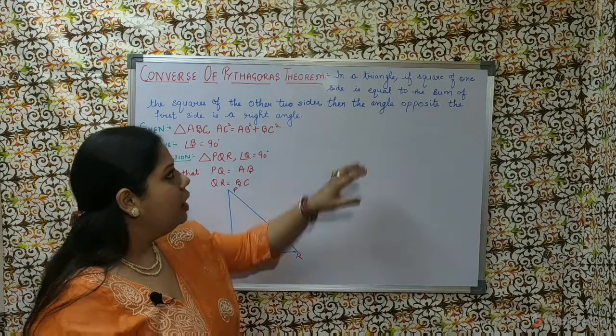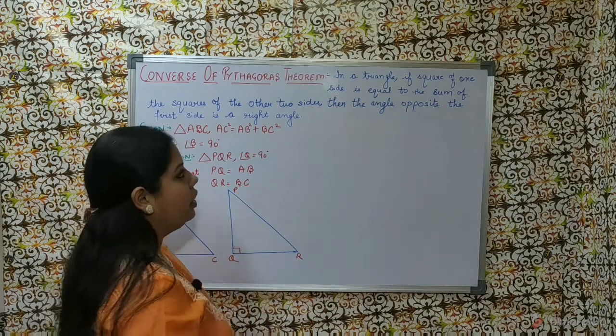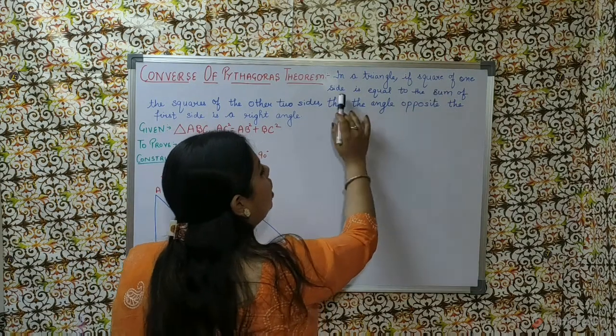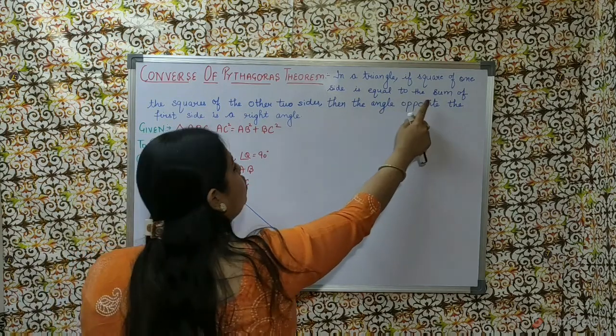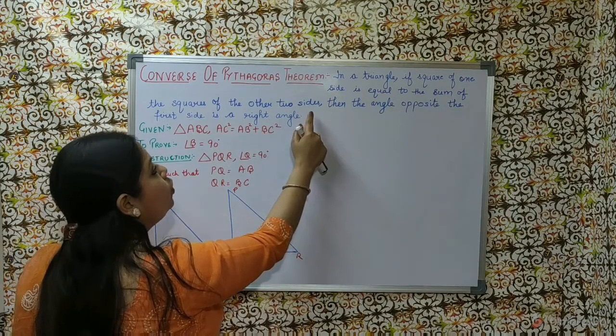It states that in any triangle, if the square of one side is equal to the sum of the squares of the other two sides, then the angle opposite to the first side is a right angle.